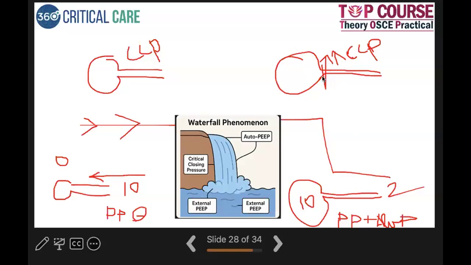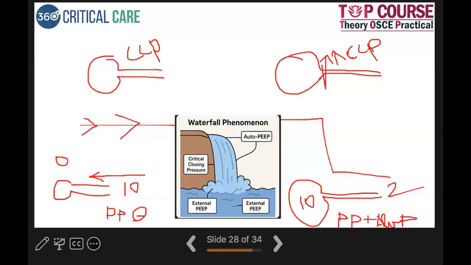The critical closing pressure is very high, meaning the pressure is trying to keep the airway patent, but the anatomy is not cooperating. There is no elastic tissue because of some genetic reasons. The structural integrity is gone. So the airway is trying to open up, but it is just collapsing because of the choke points.